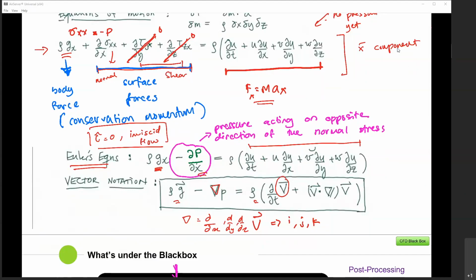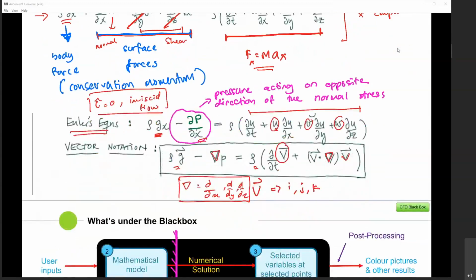V here refers to the velocity u, v, w, multiplied by the vector operator, in this case this part, d over dx, dy, dz, multiplied by V, velocity again. So that is what you have, u, v, w, on the outside. So that's how you arrive at the Euler equations.